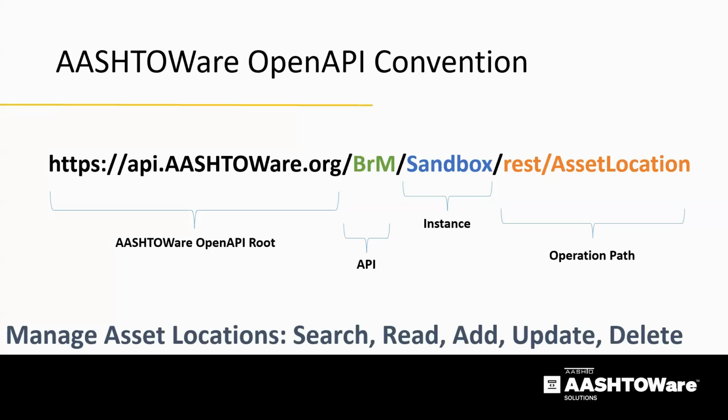If you are accessing the BrM API, you will always go to api.aashtoware.org. The BrM API is listed in this URL, is simply BrM. And then we have the concept of an instance. So if you have an environment, let's say you are a particular state agency, you have a production environment, you have a non-production environment.